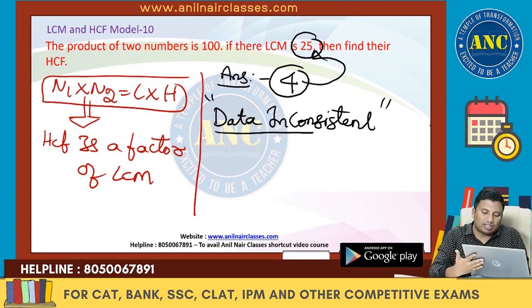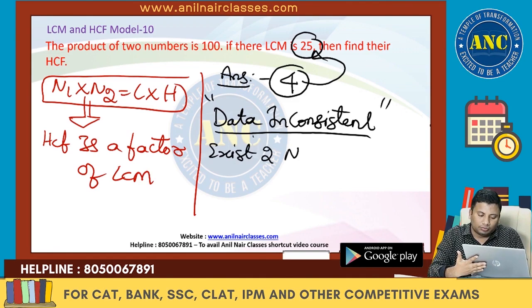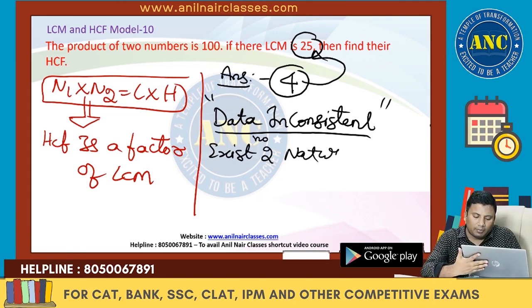Data inconsistent means there exist no two natural numbers which will satisfy this property.